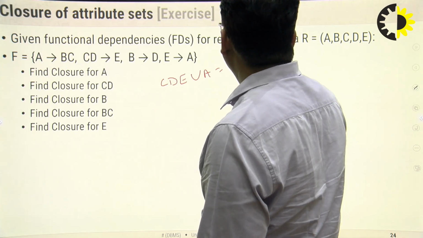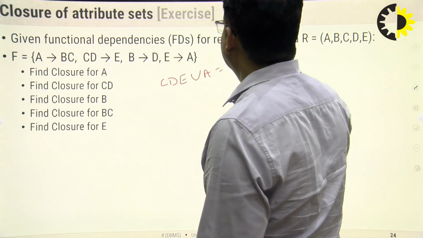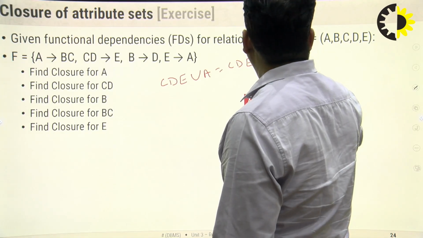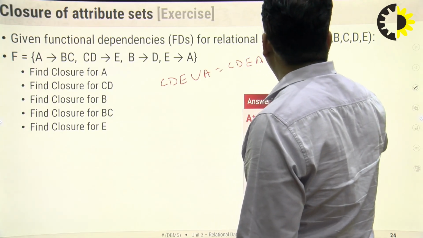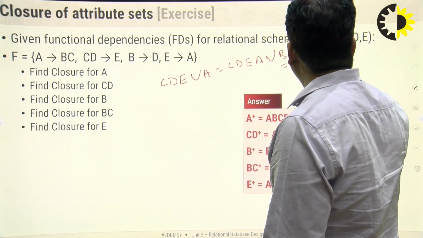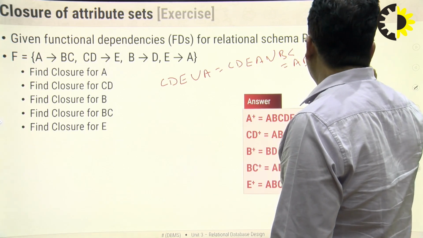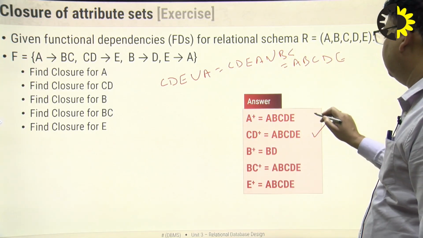And this A determines BC, so union BC, that is A, B, C, D, E. This is how we are deriving this one.